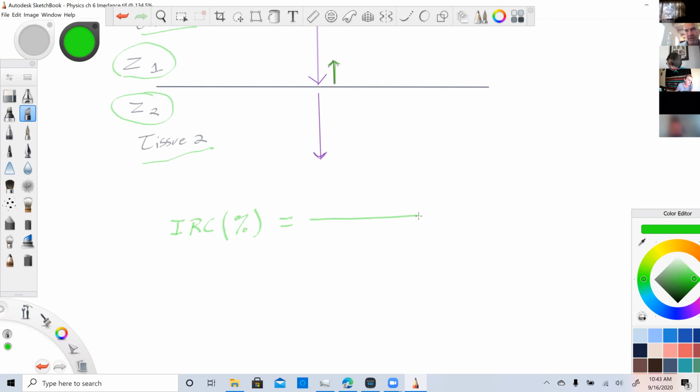We're going to do percentage here. We did this the other day. Z2 minus Z1, please tell me I just did that right, over Z2 plus Z1, squared, times 100 is equal to the IRC.